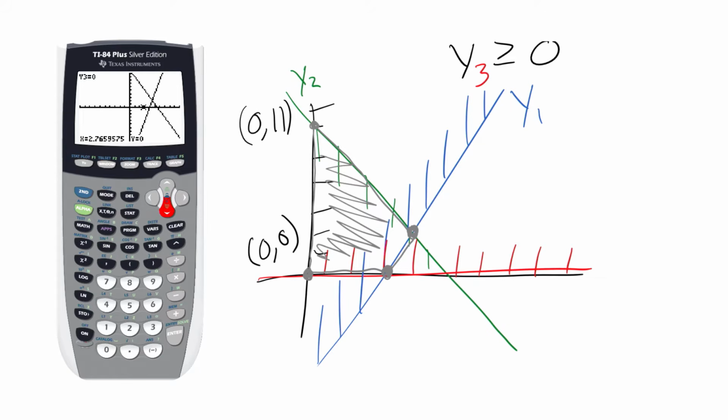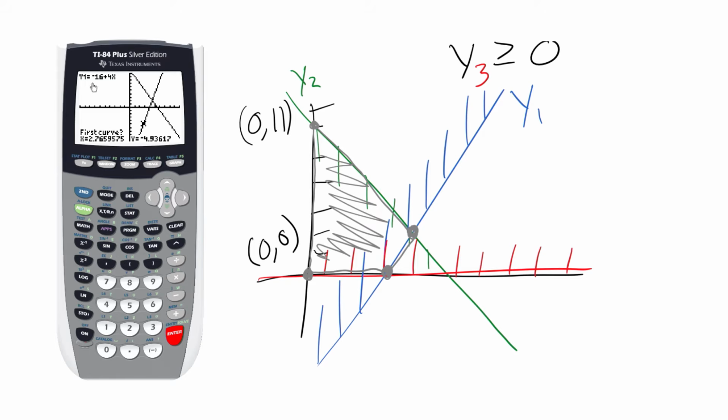Okay. Let's move to our bottom right point. That's where y1 meets the x-axis, or where y1 meets y3. And to find that point, we'll use the intersect function on our calculator. So we'll hit the second key and then the trace button. We'll go down to where it says intersect and hit enter. And what we want to do is just select the two lines that we want to find the intersection of. We wanted to find the intersection of y1 and y3.